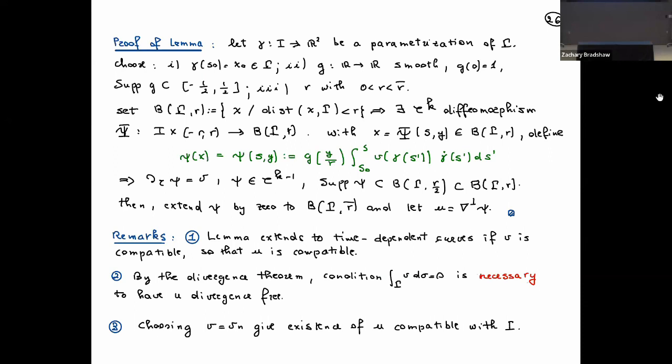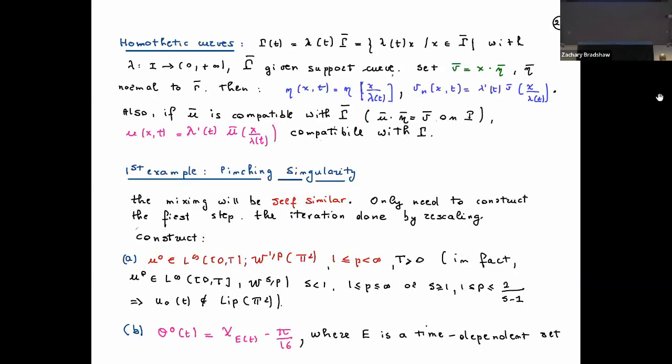So our construction will be to give the evolution of the set, and then all of these lemmas which I presented guarantee us the existence of a compatible divergence-free vector field that moves the curves as prescribed.